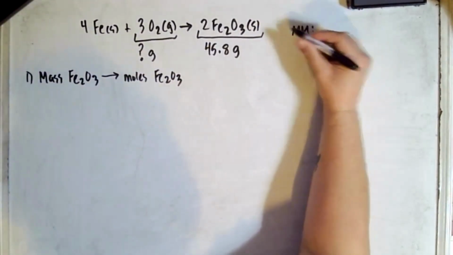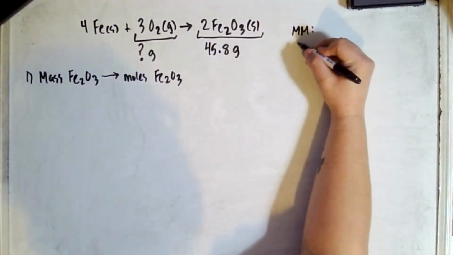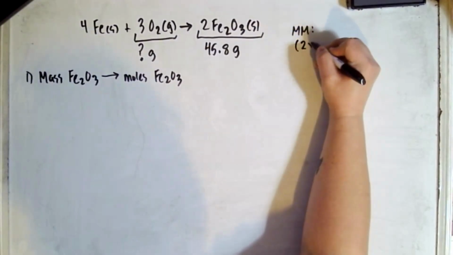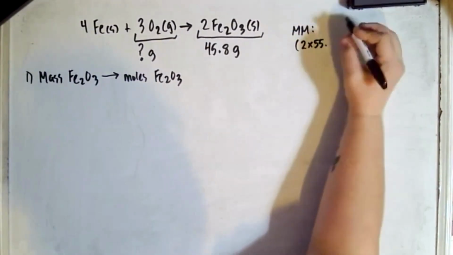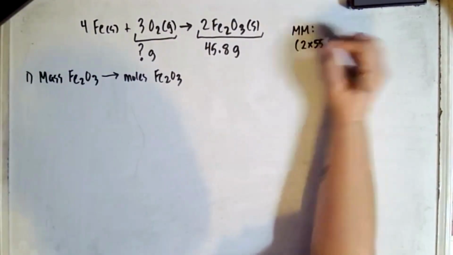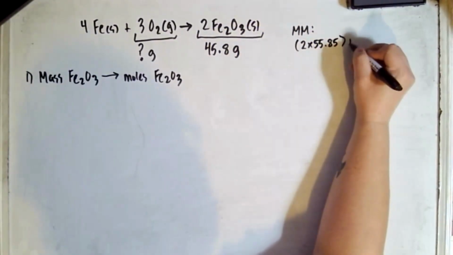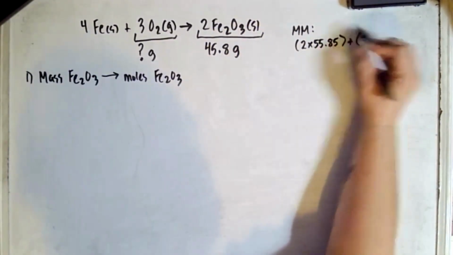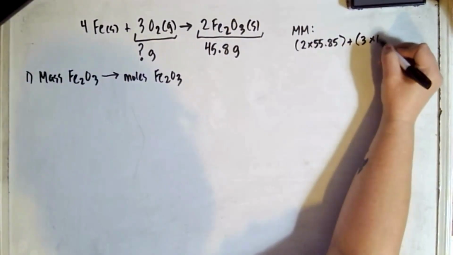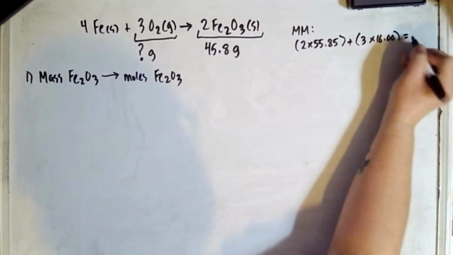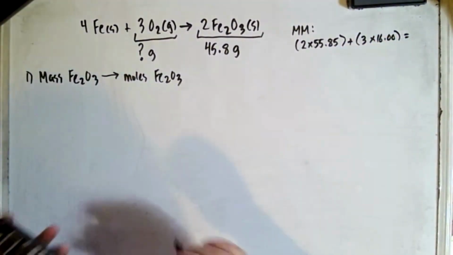So to find the molar mass for our Fe2O3, we're going to do 2 times the mass of our iron plus 3 times the mass of our oxygen. And we're going to add those together.